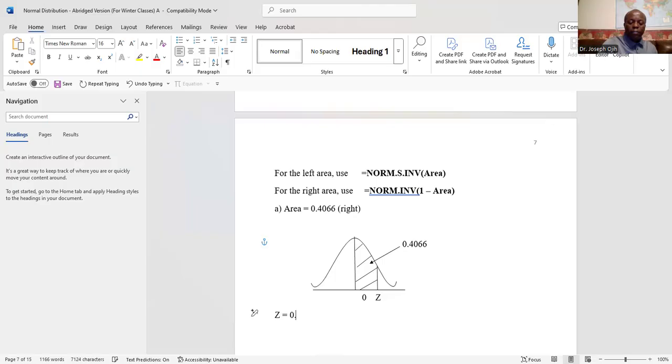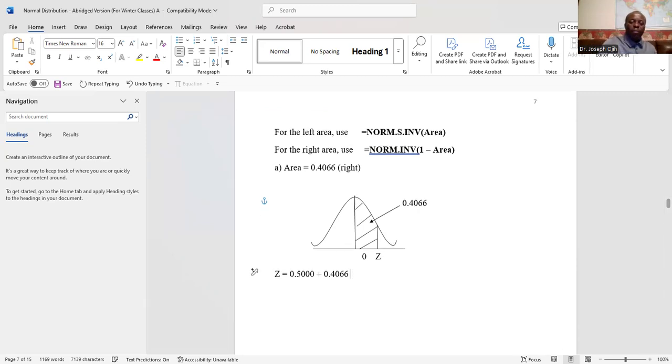So 0.5 plus 0.4066. Whenever it is in this form, between 0 and a given value, make this slight adjustment before you can apply the formula, which gives 0.9066. That's what you're going to use for your area, since it's on the right side.